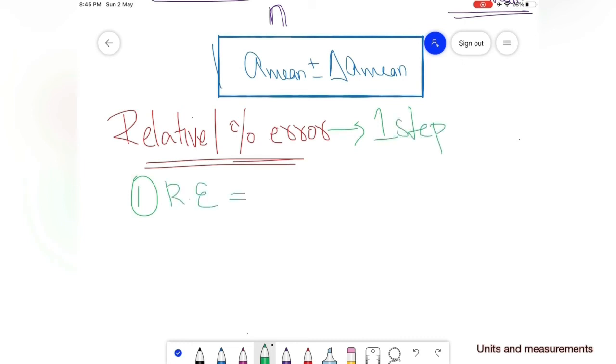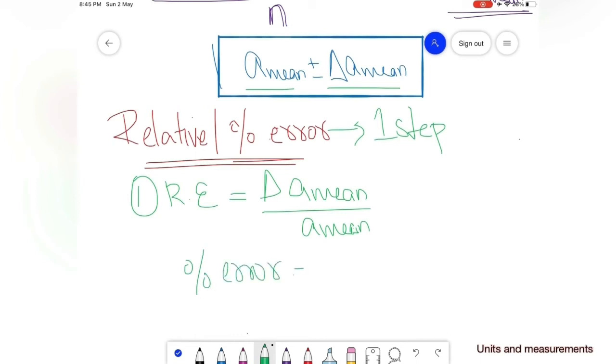So relative error is equal to delta A mean divided by A mean. Now, how do you find the percentage error? Simple. All we have to do is multiply the relative error by 100, and that gives you the percentage error.